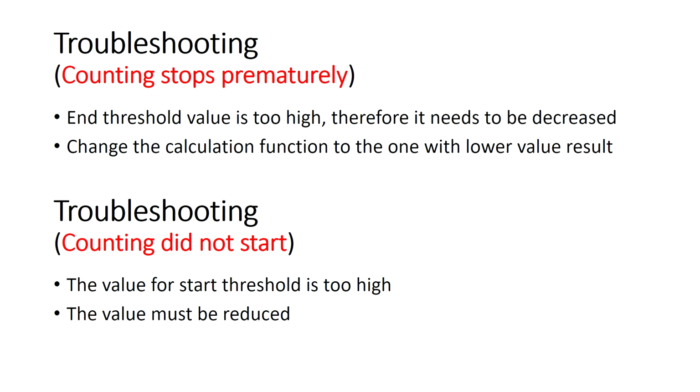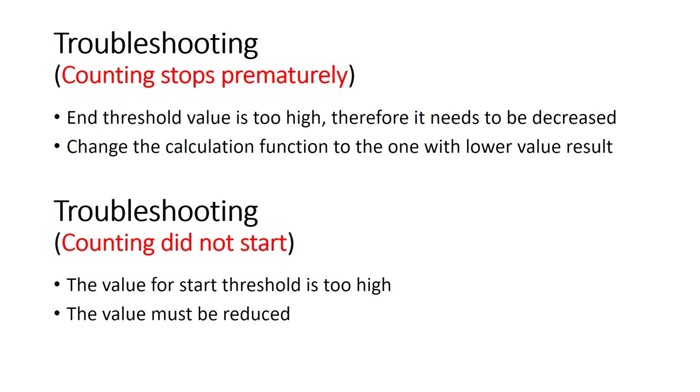Or you can change the calculation function to one with a lower value result. You can also multiply the median or average value by 0.95 or 0.98 to get a better result.